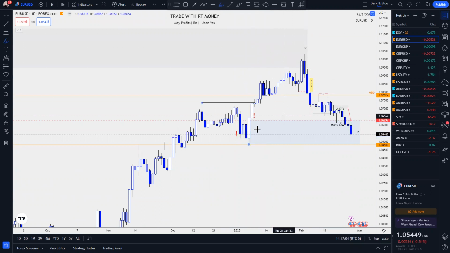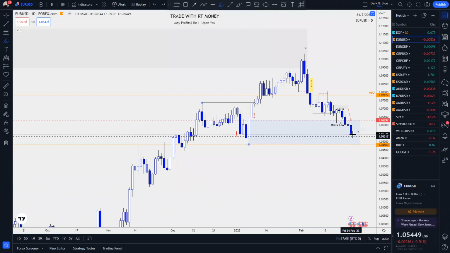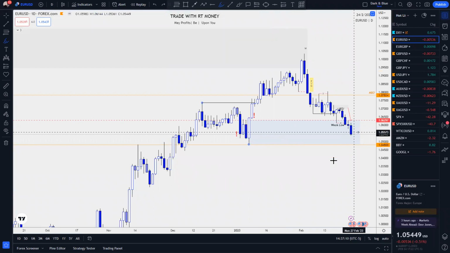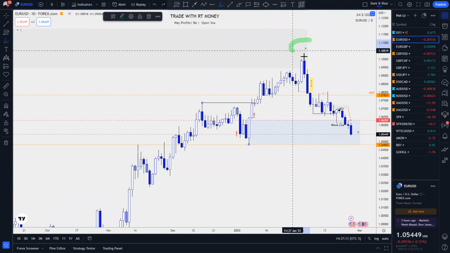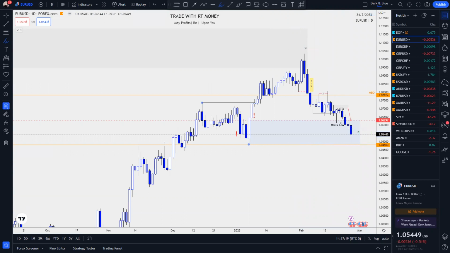Now, some people are going to say, well, your demand zone is failing. Look, it's already down past the middle of it. And what did I point out last week? This is a weekly supply zone up against a daily demand zone. Higher time frames are way stronger than the lower time frames.